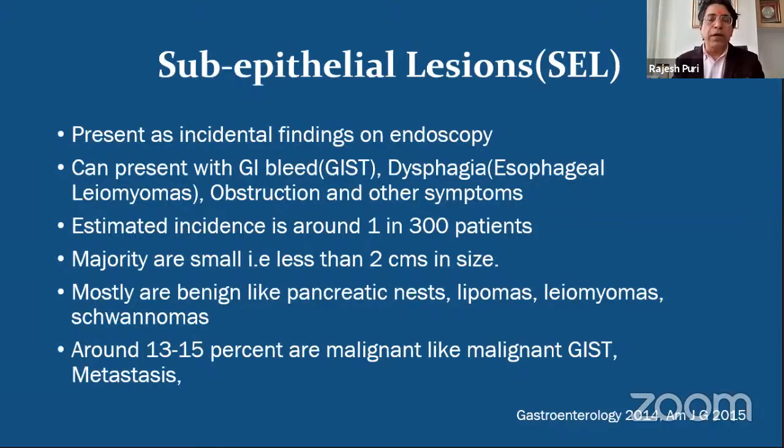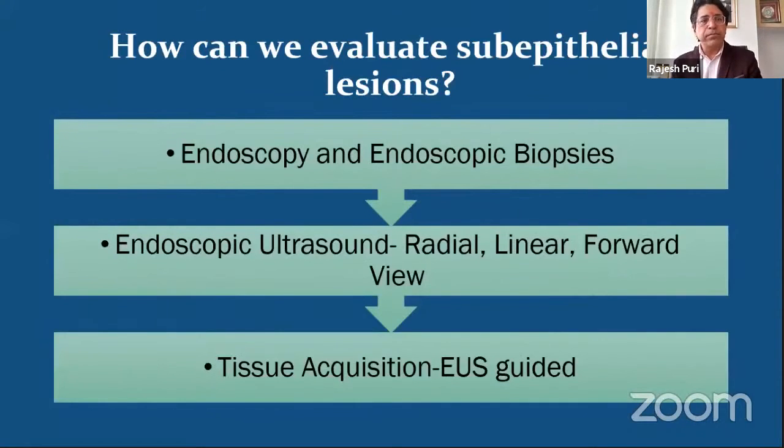It is important for us to know this group of patients, and EUS helps in finding this kind of lesion, which helps in treating the patient at the right time.